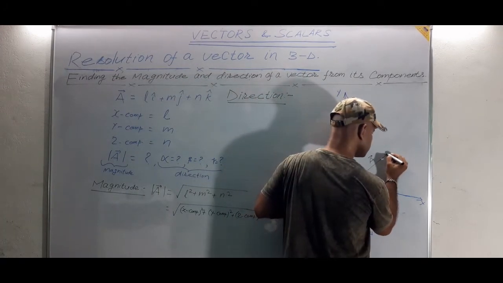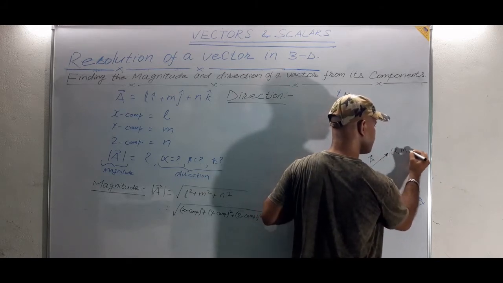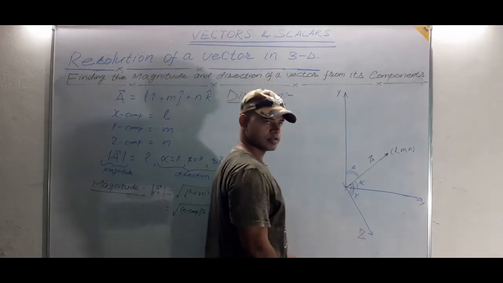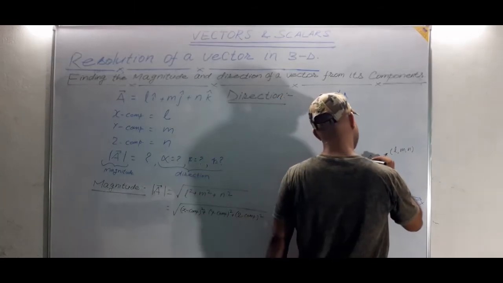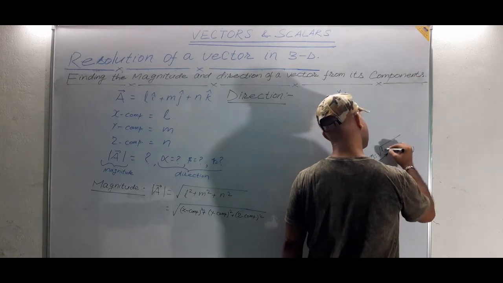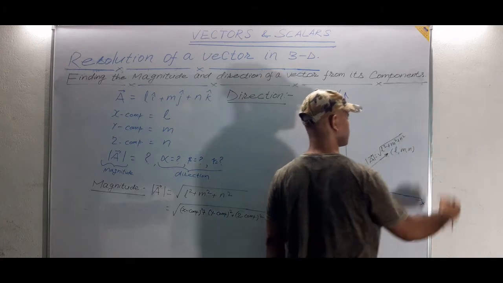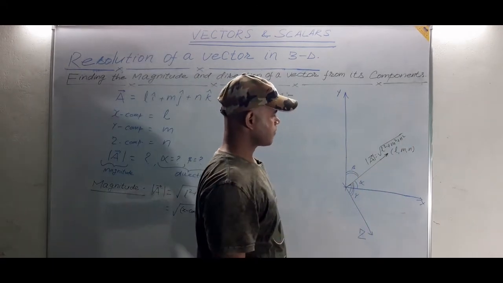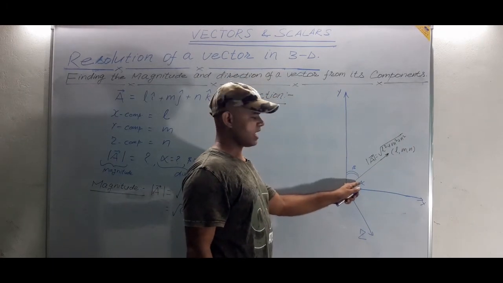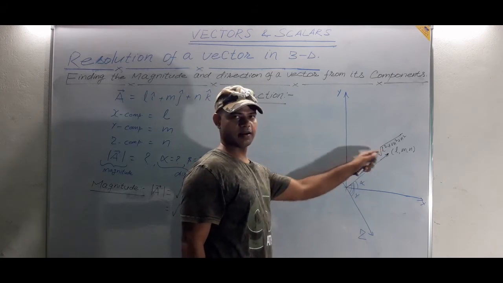We know the head of the vector has coordinates L, M and N, and its magnitude, which we just calculated, is root of L square plus M square plus N square. What we have to calculate is the angle alpha, which is with respect to the x-axis for this line.